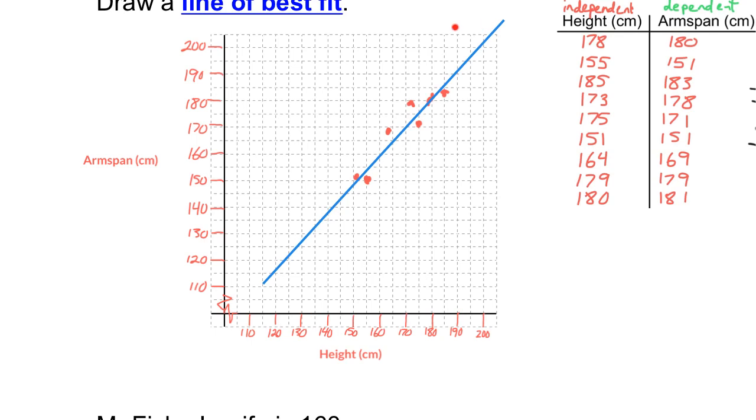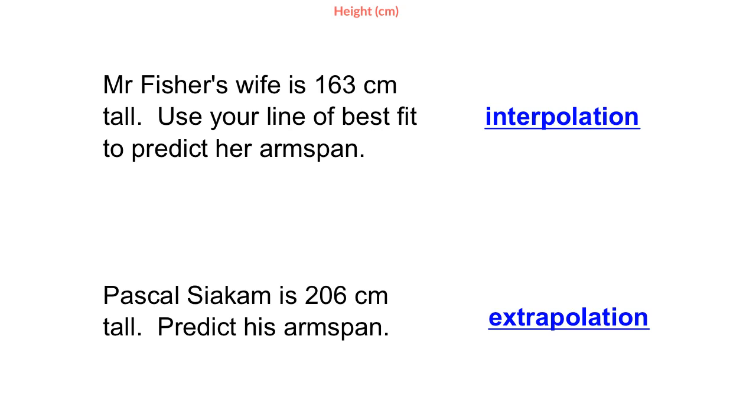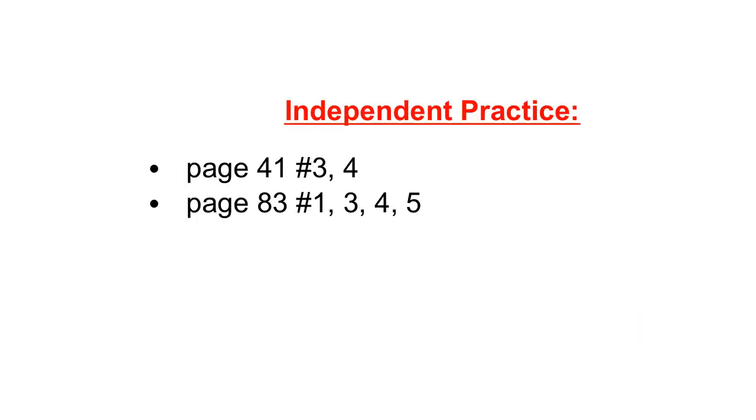So we're extrapolating the data to find Pascal Siakam's arm span of 207 centimeters. So again, interpolation, we are looking at making predictions within the data we have. Extrapolation is when we're making predictions outside of the data that we already have.